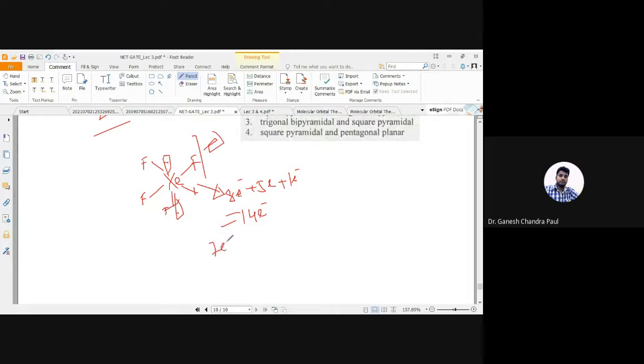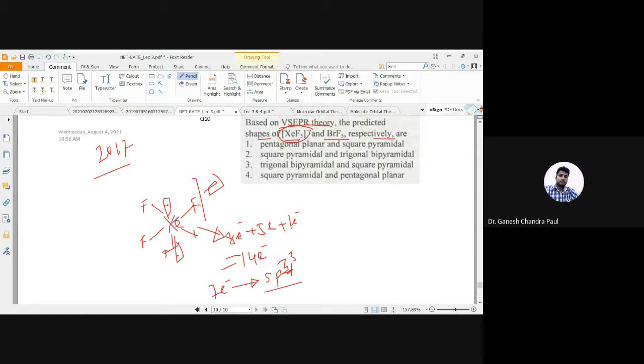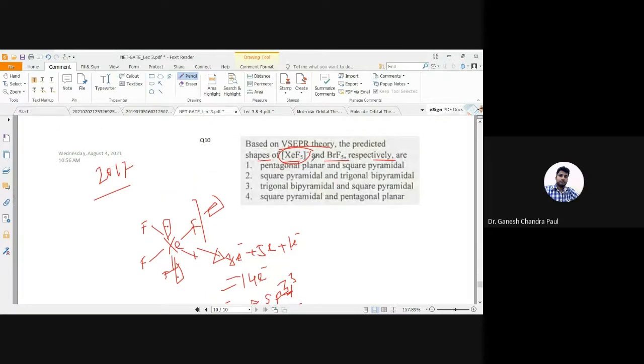As it is 7 pairs, the corresponding hybridization of the central xenon is sp3d3, and the corresponding geometry is pentagonal bipyramidal. All the fluorines are present in the plane, and the two axial sides are occupied by two lone pairs of electrons. So XeF5 minus is pentagonal planar. Option A is matching and the rest of the options are not matching.